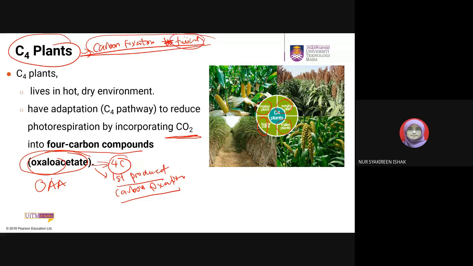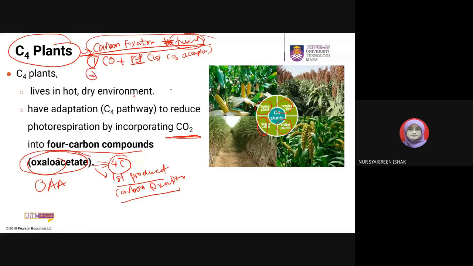Ingat tu, carbon fixation twice. Yang pertama melibatkan carbon dioxide combine dengan PEP, which functions as the first carbon dioxide acceptor.